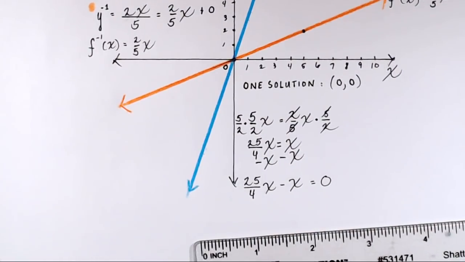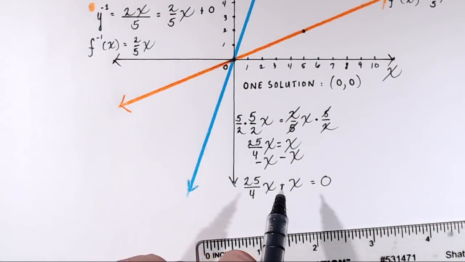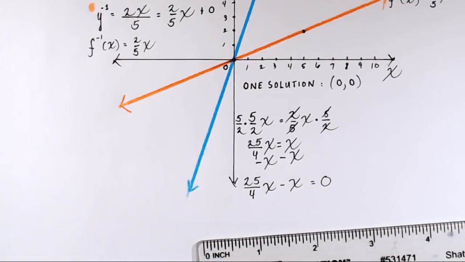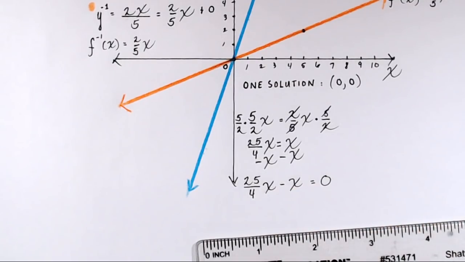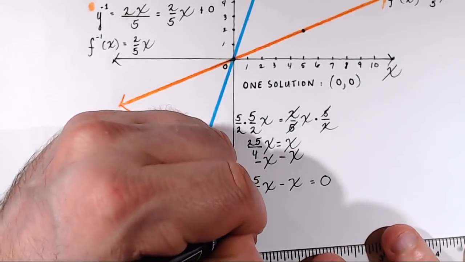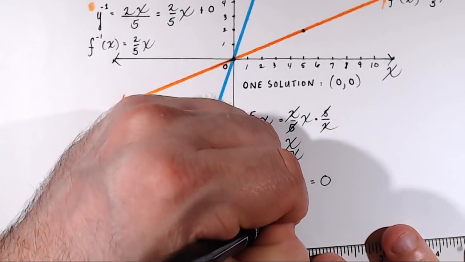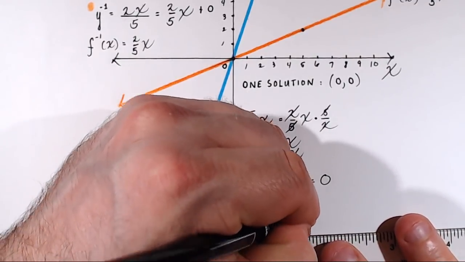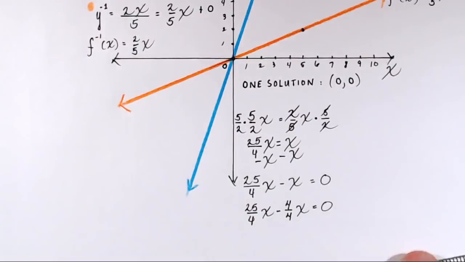I just have to find a common denominator between this coefficient and that coefficient, which is currently -1. And that common denominator is going to be 4. So I'll replace that 1 with 4/4. I have 25/4 x minus 4/4 x equals 0.